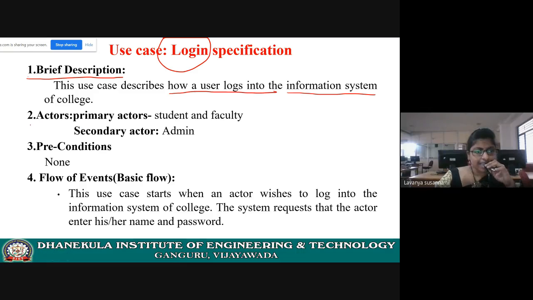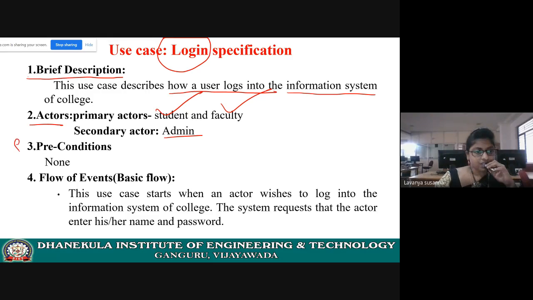Now let us see who the actors are. Primary actors, who are using our college administrative system: student and faculty. Secondary actor, there must be some other admin to maintain the system. So admin. These are the actors. Here I didn't use any system like a database; if you want, you can use it.